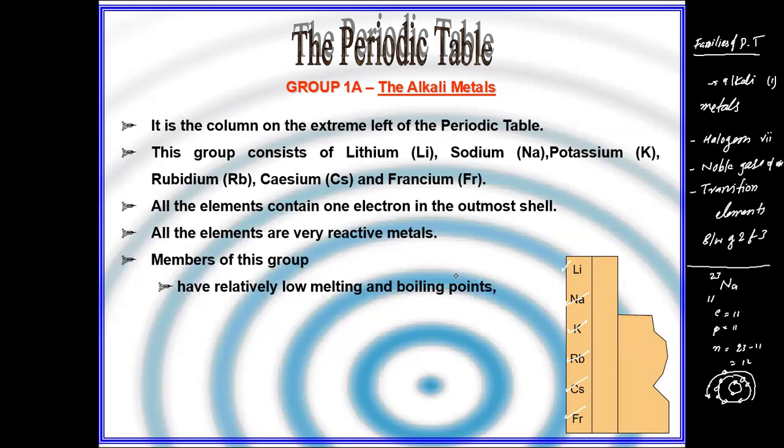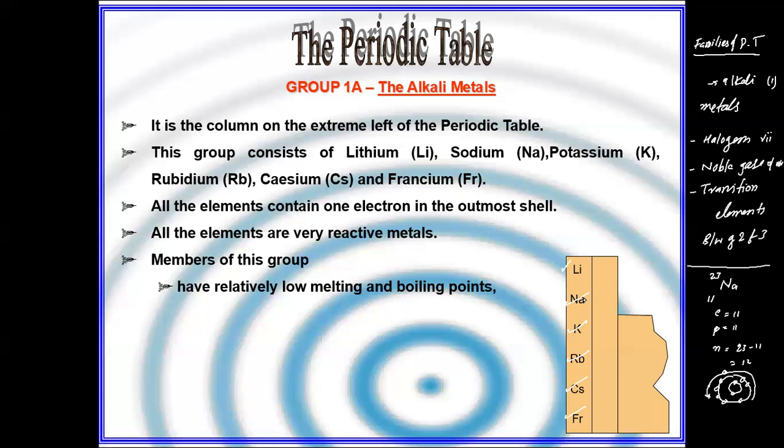Their melting and boiling points depend on how easily they can lose their electron from the outer shell. For example, if I compare the melting points of lithium, sodium and potassium, lithium has only 2 shells, sodium has 3 shells, potassium has 4 shells.